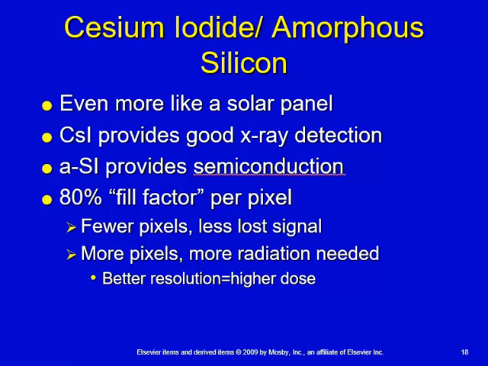They could have made those pixels smaller, but the percentage of the pixel that was taken up by the thin film transistor and storage capacitor would increase, which means that the fill factor, what they call the fill factor, would get worse the smaller the pixel size got. So there was a bit of a trade-off.